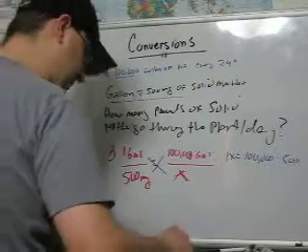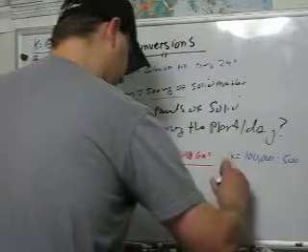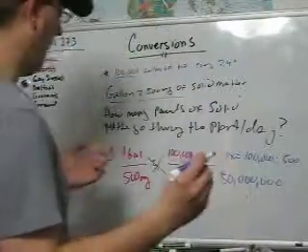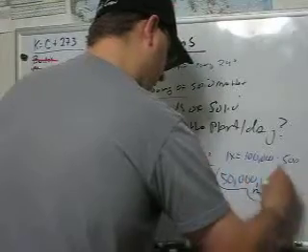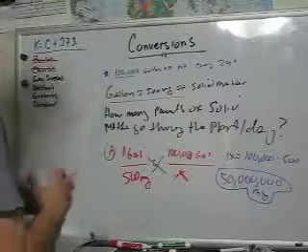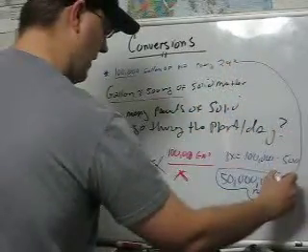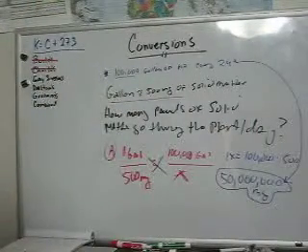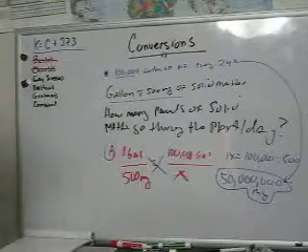So 100,000 times 500 gives us 50 million. Million what? Milligrams. Now I know for a fact that 100,000 gallons of water going into my plant is going to contain 50 million milligrams of solid matter. Hopefully that makes sense.